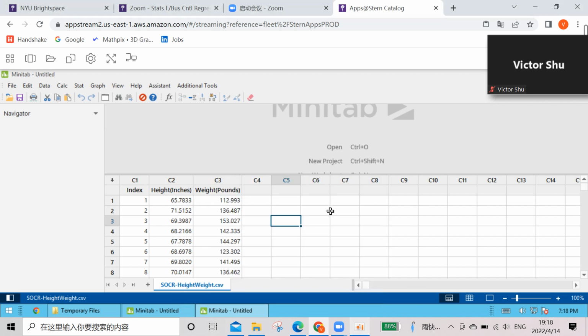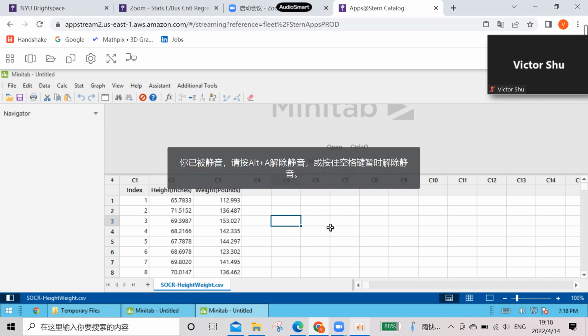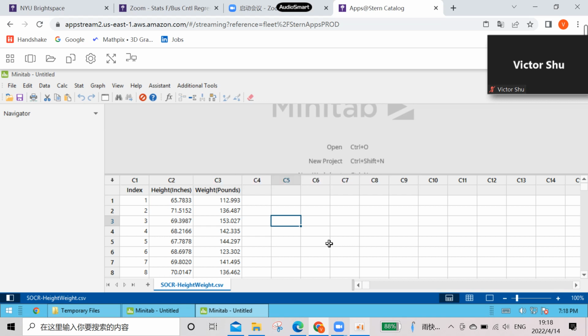So today we'll talk about the diagnostic checking, which has a lot to do with the residuals. If you still feel not so familiar with the concept of the residuals, I highly recommend that you rewatch the recordings from last Thursday, where I talked through a very thorough and detailed example of simple linear regression.